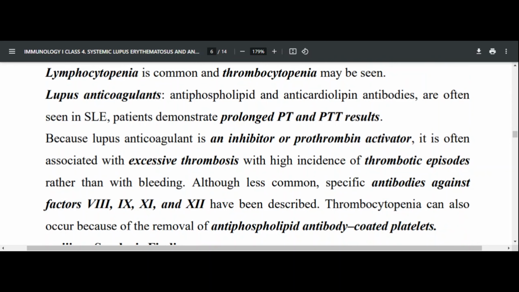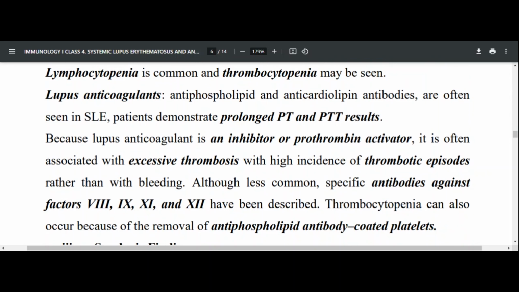So someone with lupus anticoagulant is going to experience excessive thrombosis plus episodes of bleeding, because it can be an activator or inhibitor of prothrombin. That's why you find it in both bleeding and thrombotic episodes.